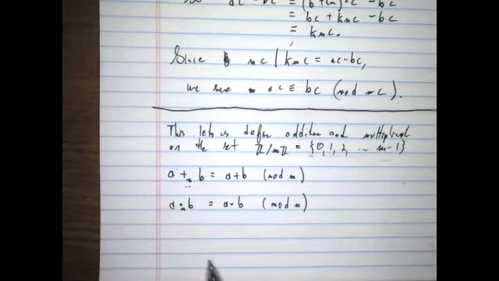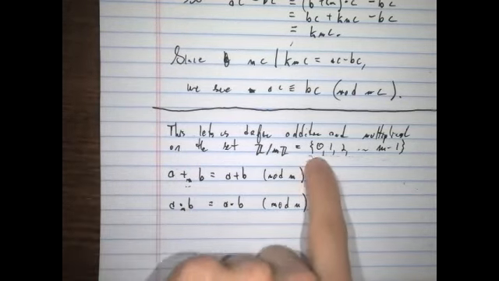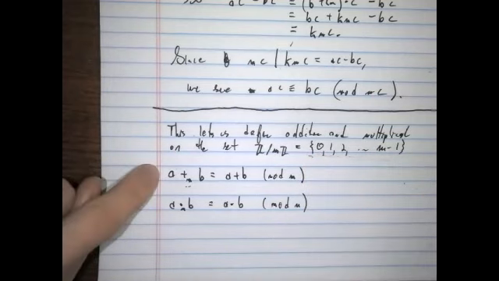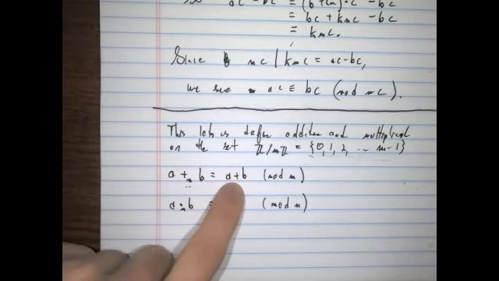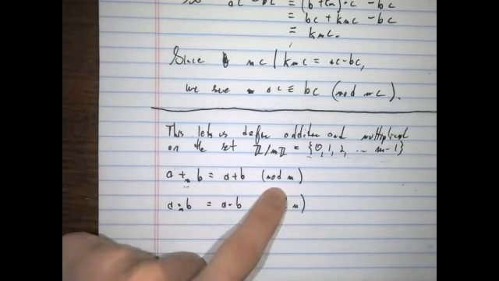So the idea is, over here, you're thinking of a and b as elements in the set from 0 to m minus 1. Then to actually compute an addition, you remember that they're actually integers, you add them like integers, and then you take the remainder mod m.